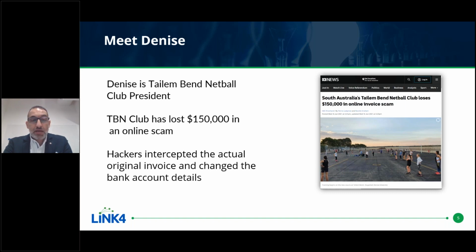So the invoice is coming from their supplier, the supplier email address is correct, the invoice template is the same one, all the information, the line item, the service is correct, only difference is the bank account. And it was very challenging for their team to notice that, or maybe they just thought, yeah, the supplier just changed their bank account, we can just pay the invoice, it's fine, but they have lost $150,000 in that scam.